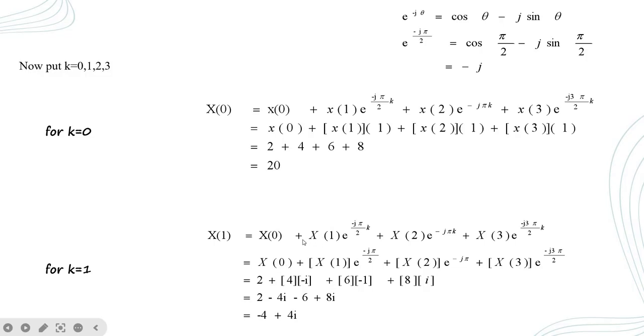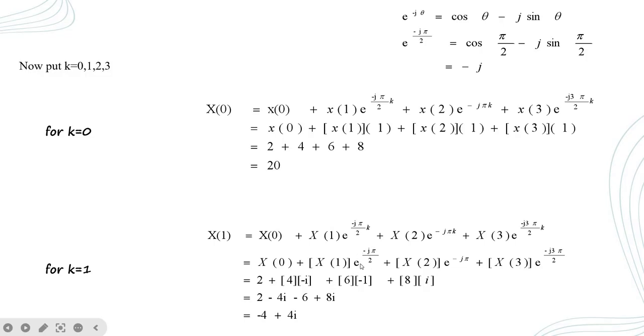It is small x of 0 plus small x of 1 e raised to, k value is 1, therefore it will become minus j pi by 2, plus x of 2 as it is, e raised to minus j pi, now k is 1, plus x of 3 e raised to minus j 3 pi by 2. k is 1, so you will get minus j 3 pi by 2. Fine. Now x of 0 is 2 as it is, we'll write, plus x of 1 is 4.